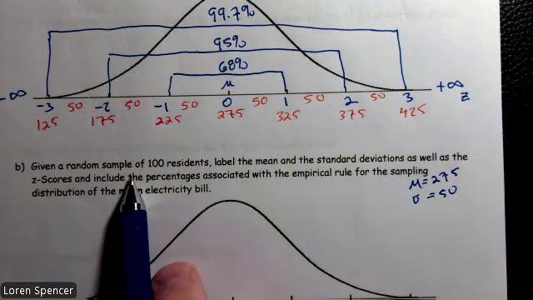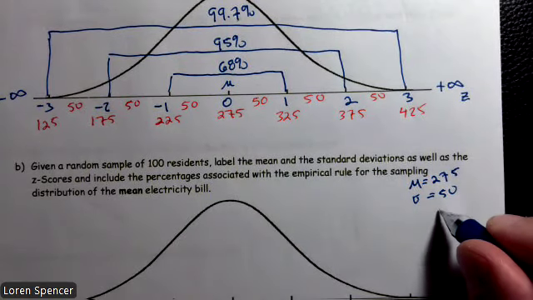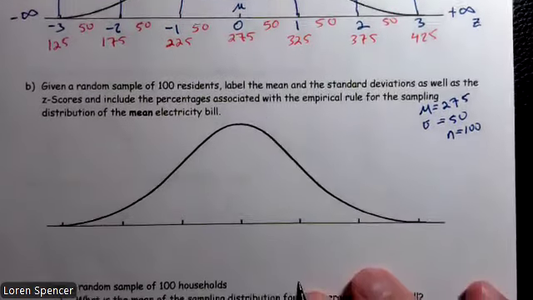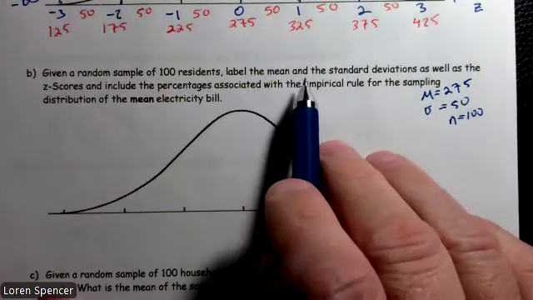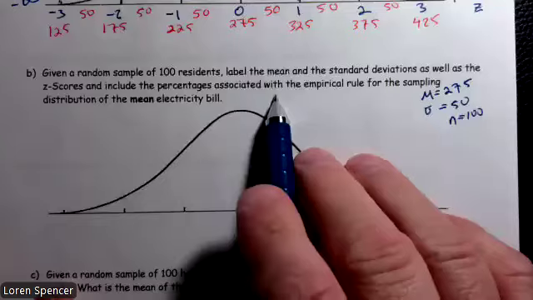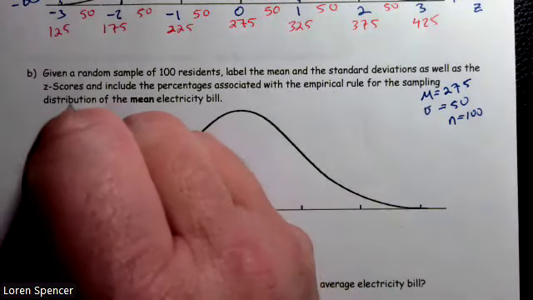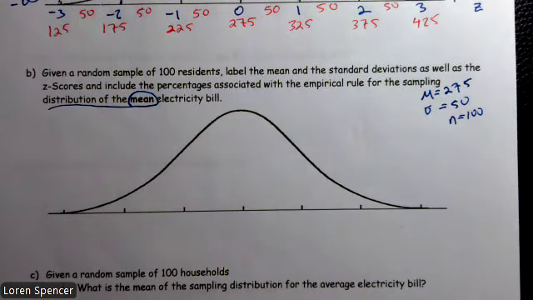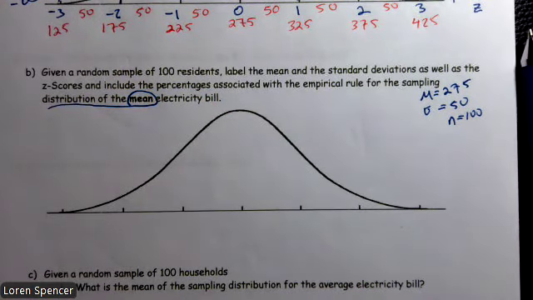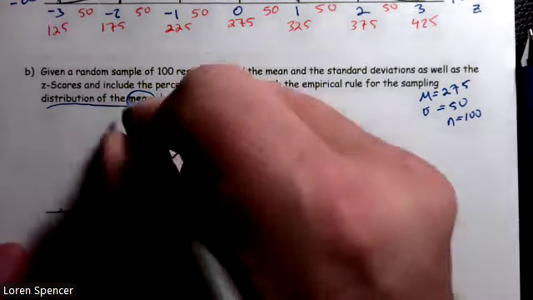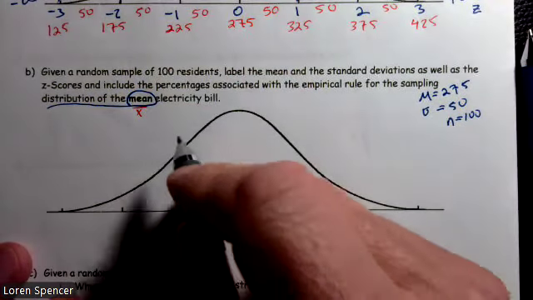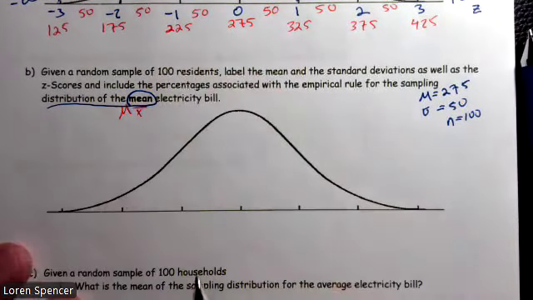Now, in this case, we have a sample size of 100, and we're going to do some work to talk about the mean and standard deviation, z-scores associated, the sampling distribution of the mean. We're no longer talking about the individual values, we're talking about the mean. So in this case, when it has the mean, they're actually talking about x bar, and we'll come back to that in a moment, or the mu of x bar, the mean of x bar.